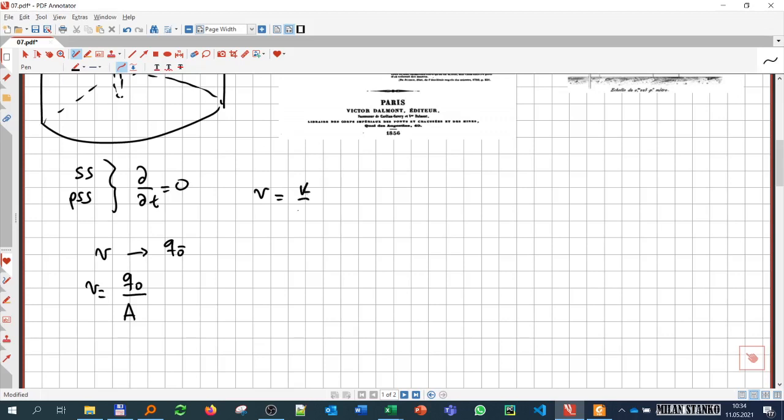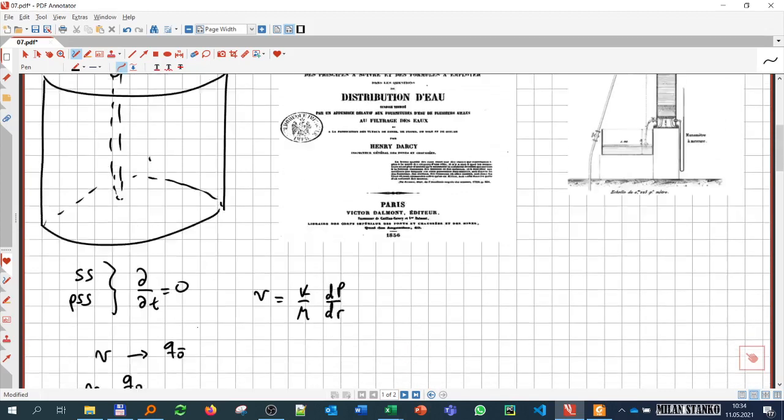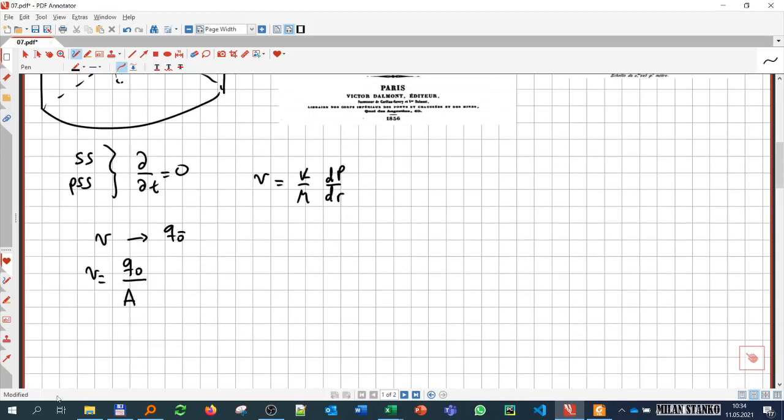So we have K over mu dP dr, because now we're looking at the radius, in this coordinate. And this rate, the volumetric rate, is the local rate, in cubic meter per day or cubic meter per second, not at standard conditions but at local conditions.